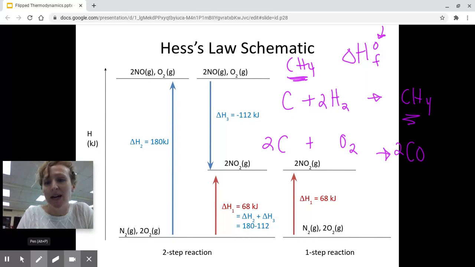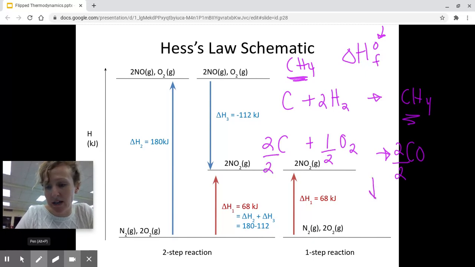But at this point in time, you need to divide by this coefficient. You need to divide everything by this coefficient. So I'm going to divide carbon monoxide by 2, I'm going to divide the coefficient of oxygen by 2, and I'm going to divide the coefficient of carbon by 2.